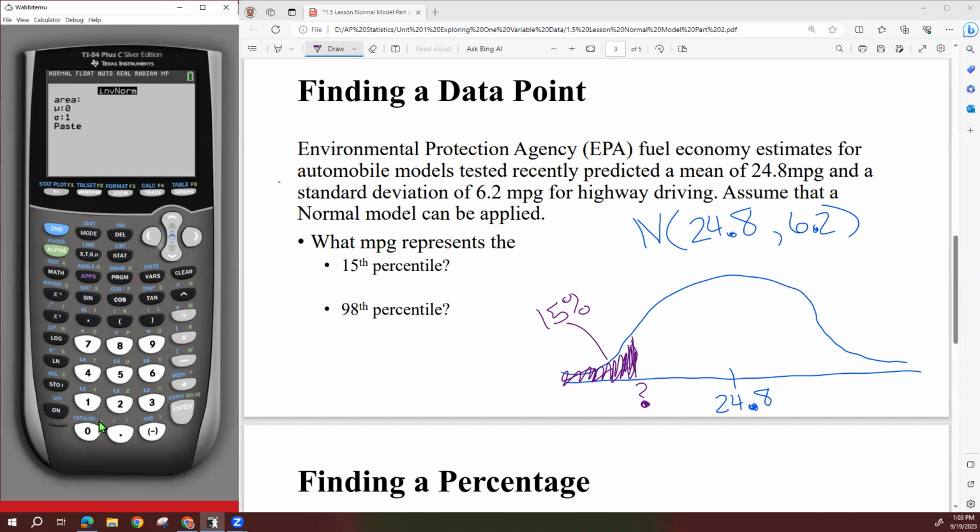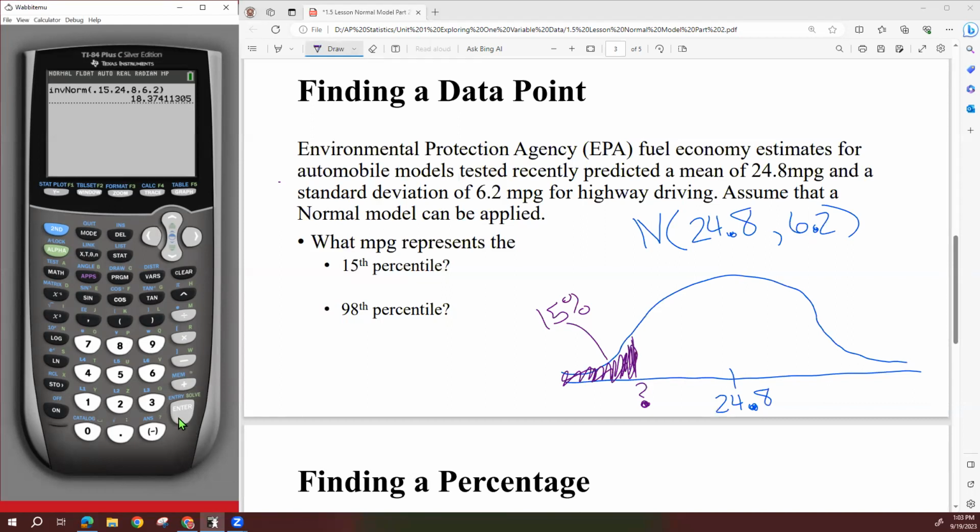And it's my understanding that on your calculator, you can tell it if you want it from the left tail, the right tail, or the center. I have to tell it what is the area to the left of the data point I'm looking for. So that is 15% for us, so 0.15. And we're going to put it in decimal form. I need to tell it what my mean is. And I need to tell it what my standard deviation is.